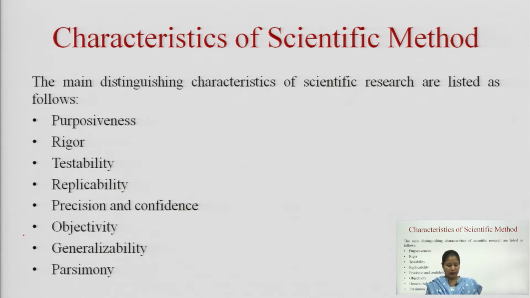Simplicity in explaining the phenomena or the problem, and in generating the solution of the problem, is always preferred to a complex research framework that considers an unmanageable number of factors, so it should be in a simpler or simplistic form. So, these are the characteristics of the scientific method.